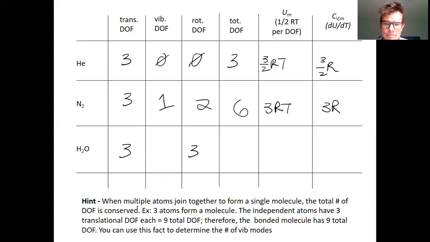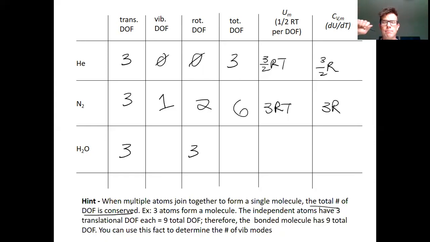And at this point, I'm going to give you a little hint. When multiple atoms join together to form a single molecule, the total number of degrees of freedom is conserved. This is the really important part. For example, 3 atoms come together to form a molecule, like water.